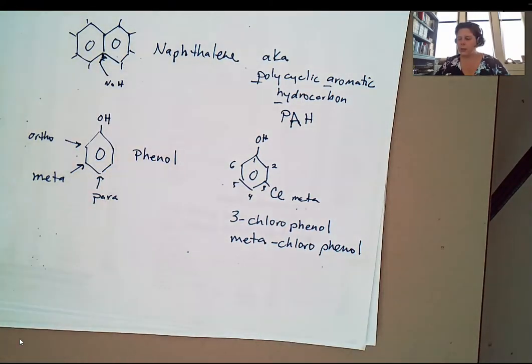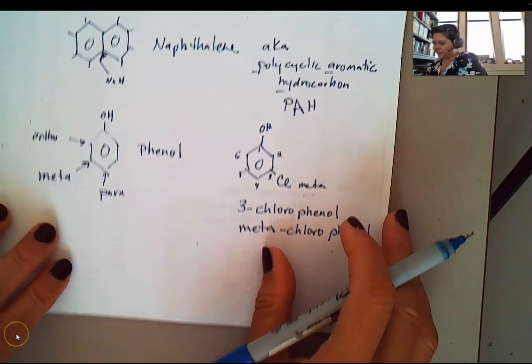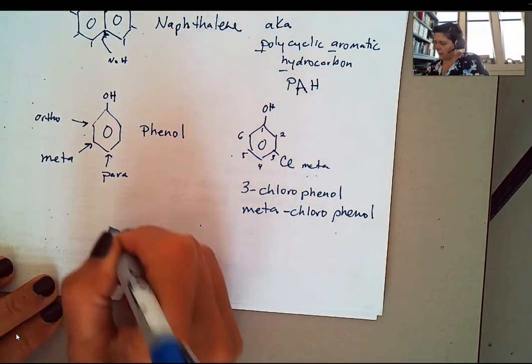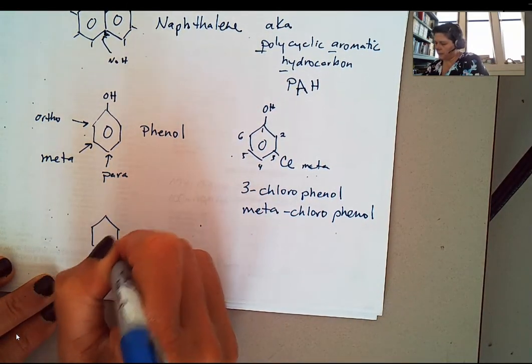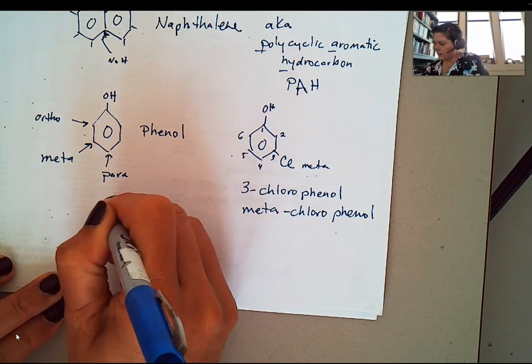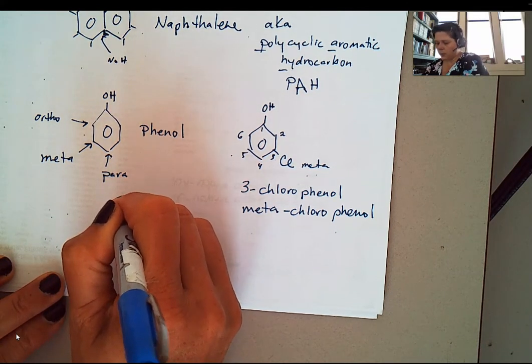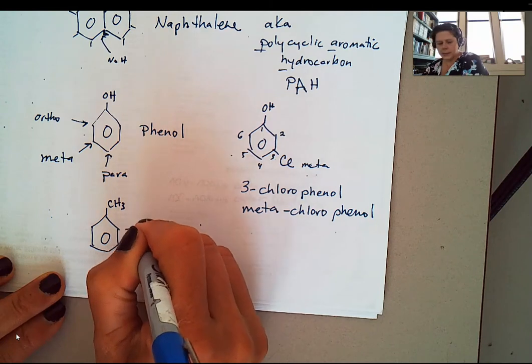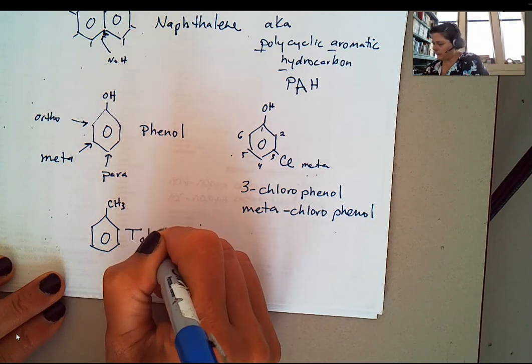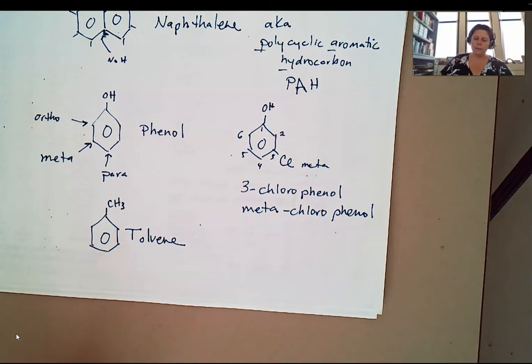Okay. So another one to memorize is this one right here, which you'll have to memorize. If we put a CH3, a methyl group, on there, this is toluene. Okay.